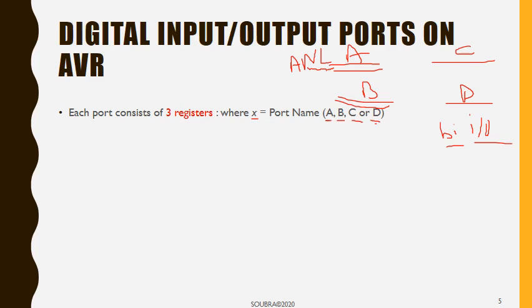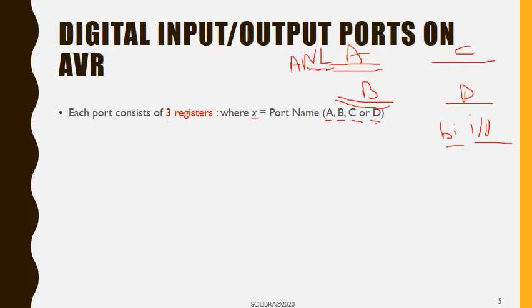For the different microcontrollers that you could be using in your tutorials, in your project, or even in your professional life later on, all you have to do is to refer to the datasheet and find out how many ports are available for you to use as inputs, outputs.